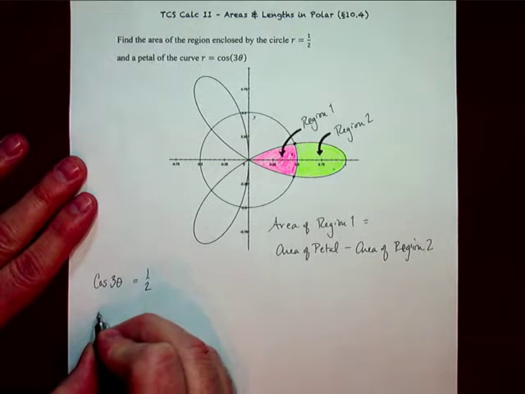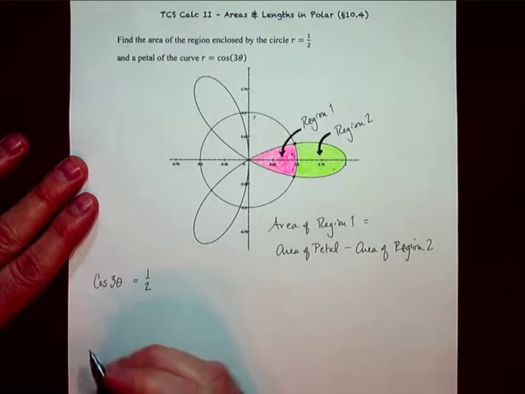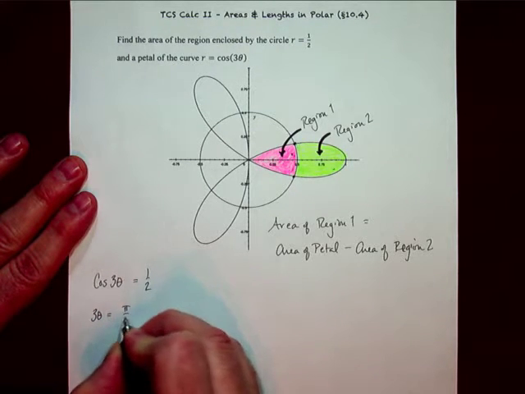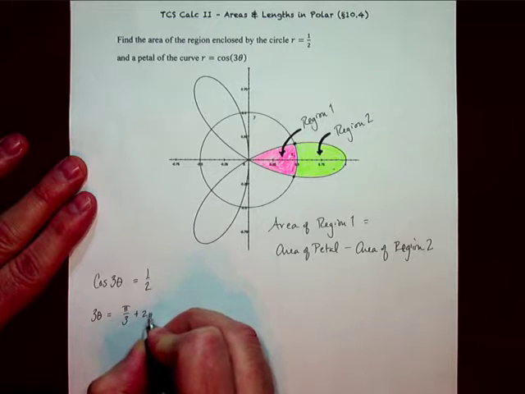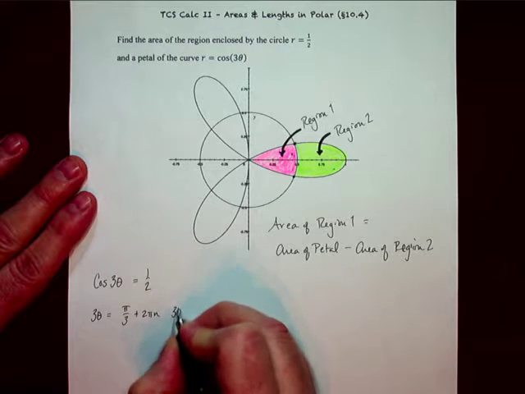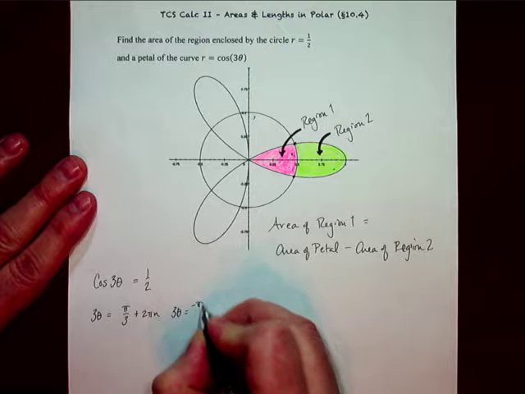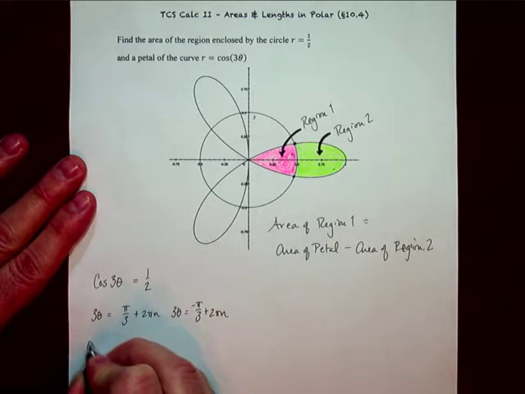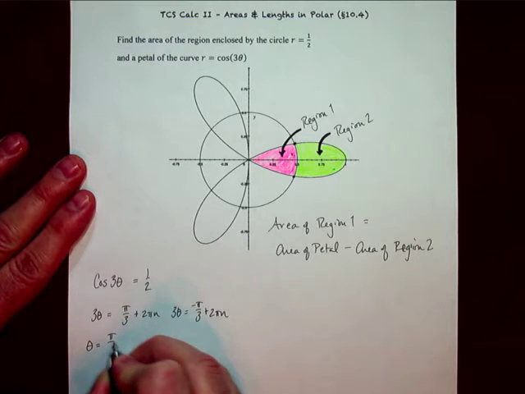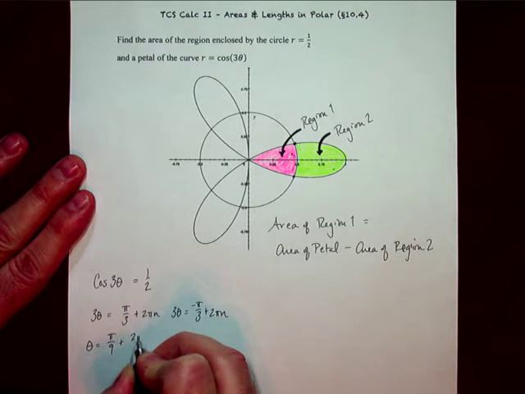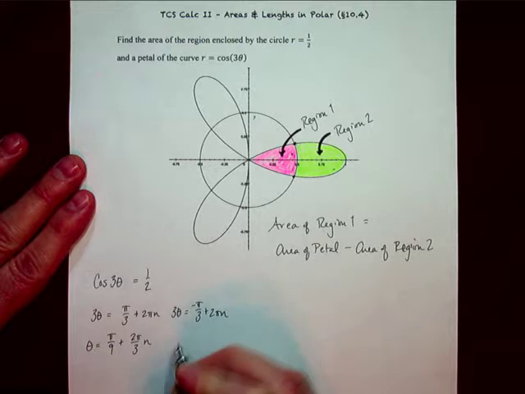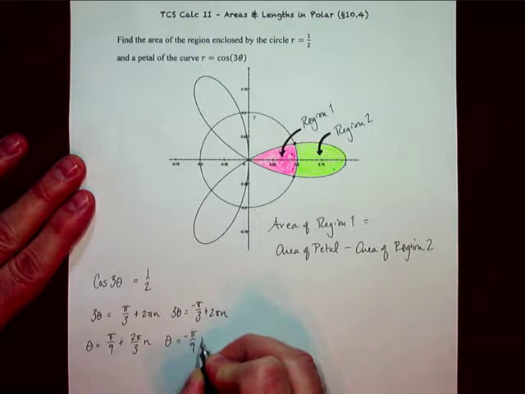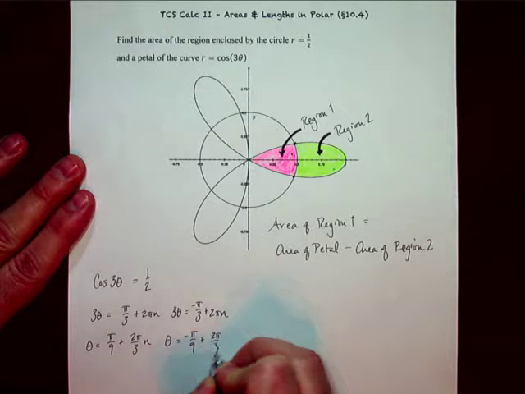All right, well, cosine of 3 theta is equal to 1/2, where that angle measurement is either pi over 3 plus 2 pi n, or negative pi over 3 plus 2 pi n. That means that theta is equal to pi over 9 plus 2 pi over 3 n, and theta is equal to negative pi over 9 plus 2 pi over 3 n.